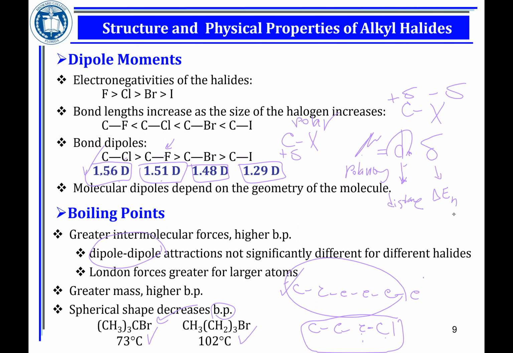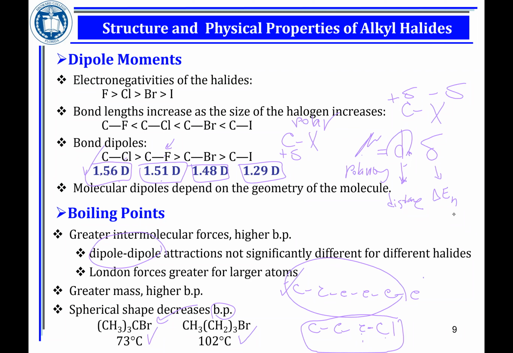So we have some information about the alkyl halides already. We know how to name them. We know that they are unique. They are more reactive than alkanes because they do have a polar bond. We looked at the nomenclature, whether it's cyclic or open chain.